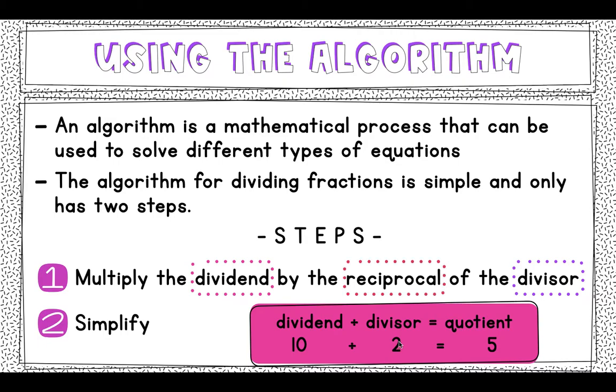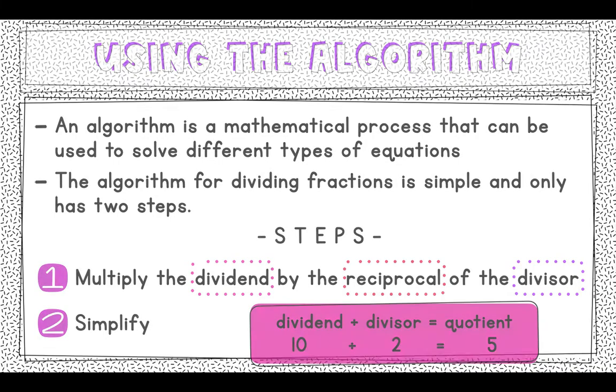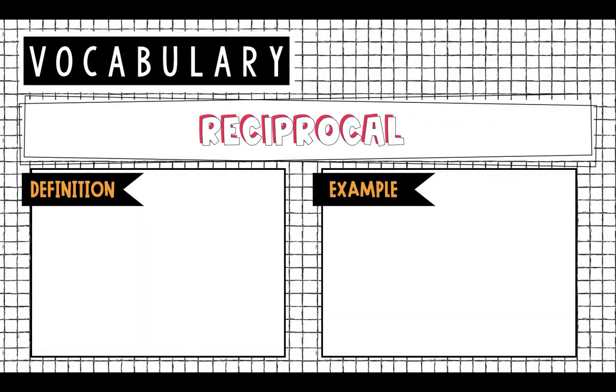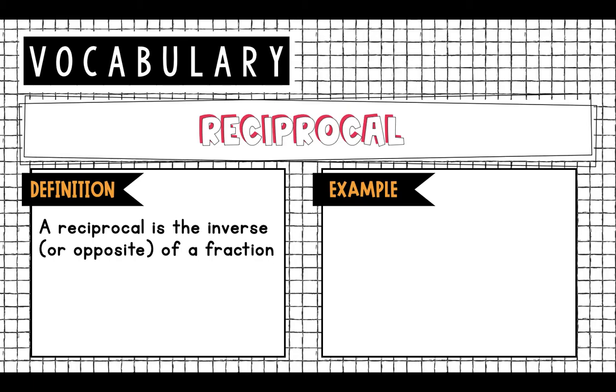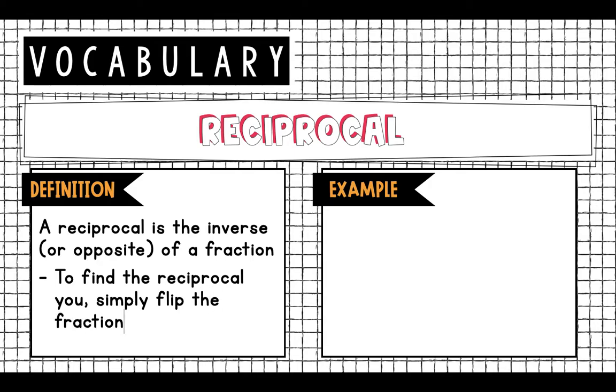Now, let's talk about this word reciprocal. A reciprocal is the inverse or the opposite of a fraction. To find the reciprocal, you simply flip the fraction. So let's look at an example.